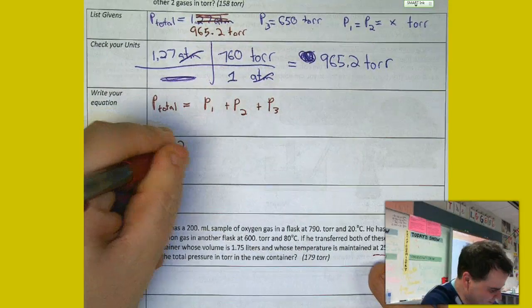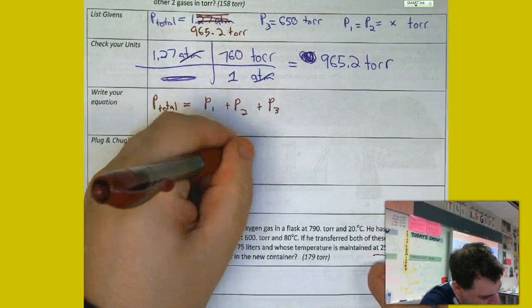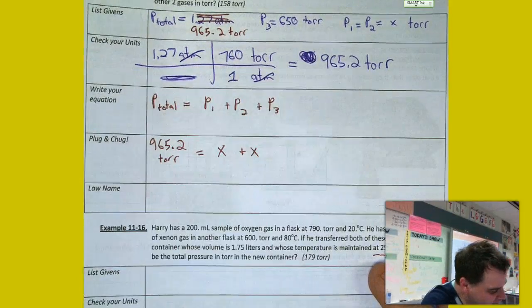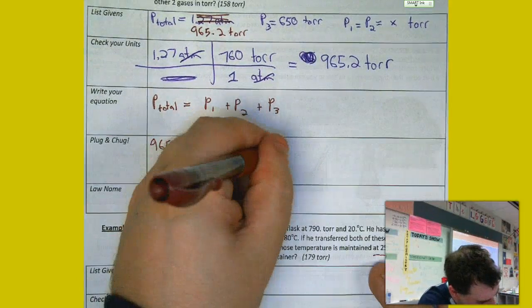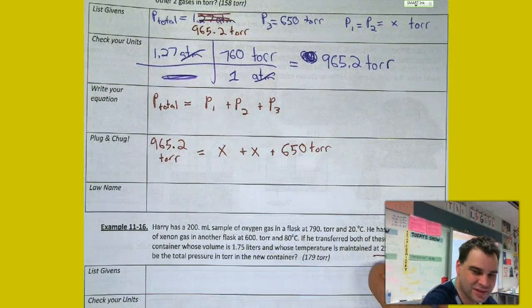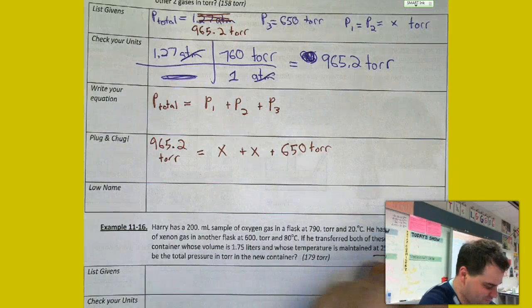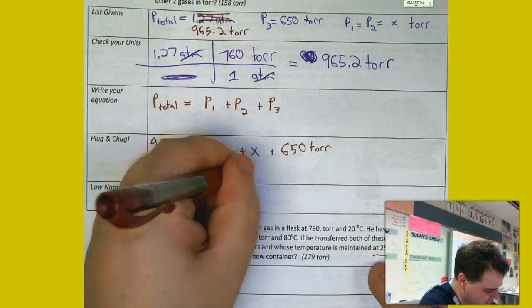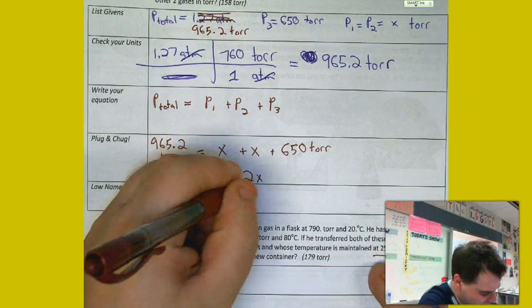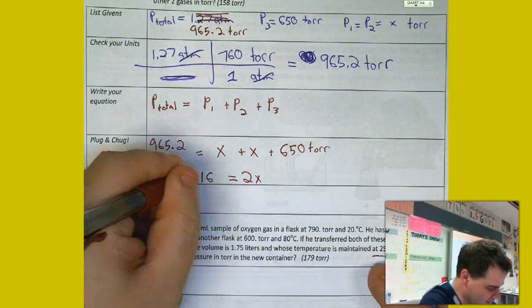965.2 torr equals x plus 650 torr. Subtract 650 from both sides. 2x is equal to 313 torr.